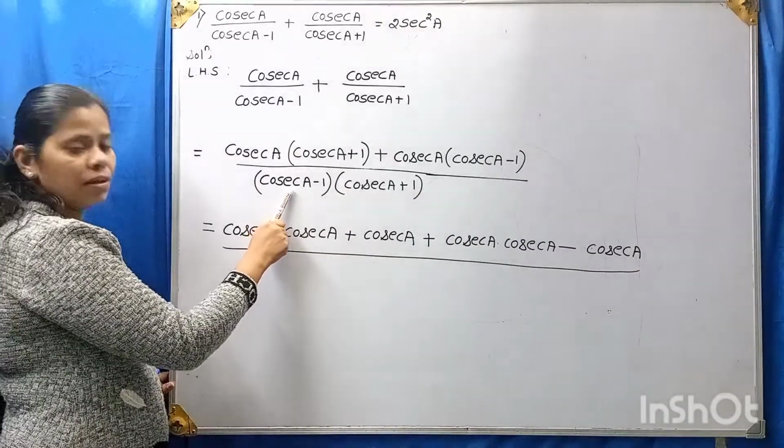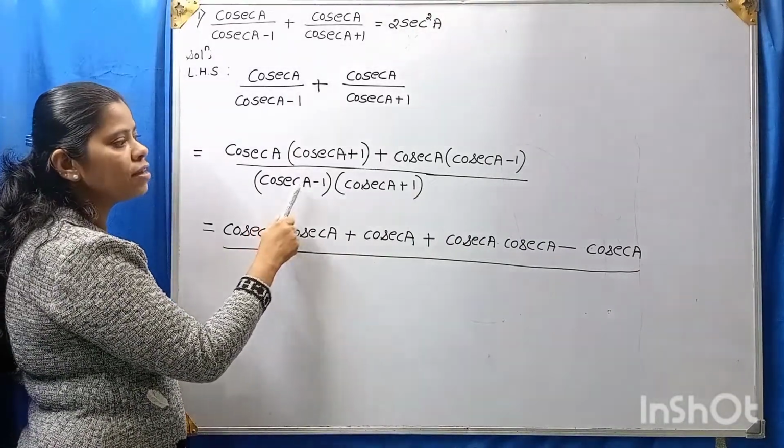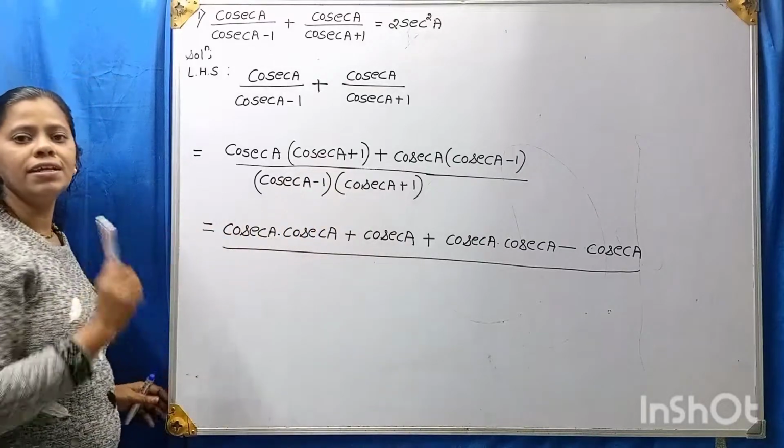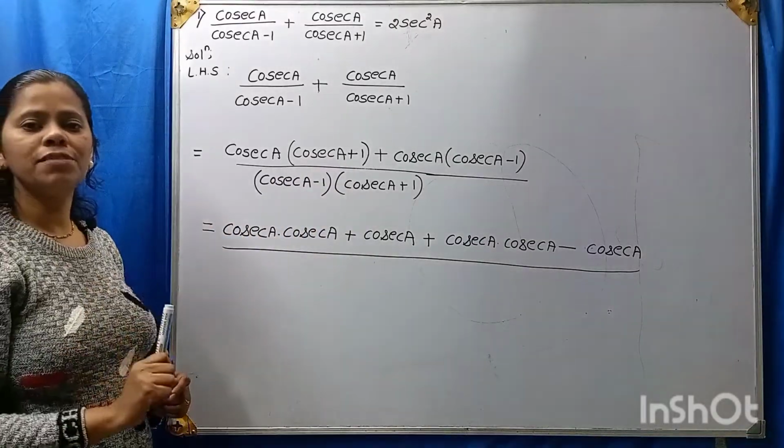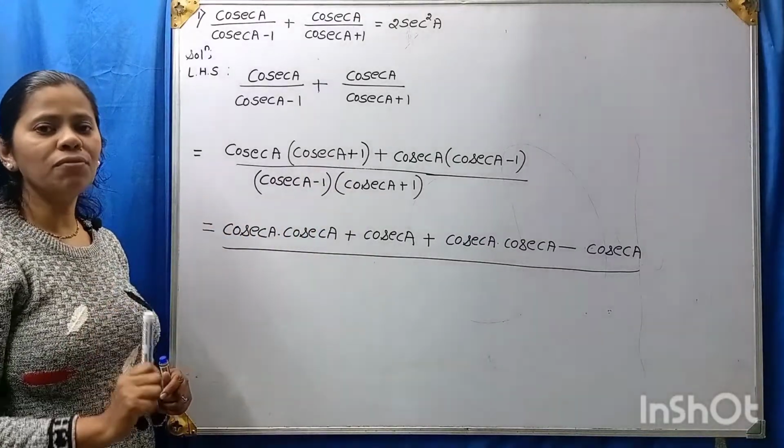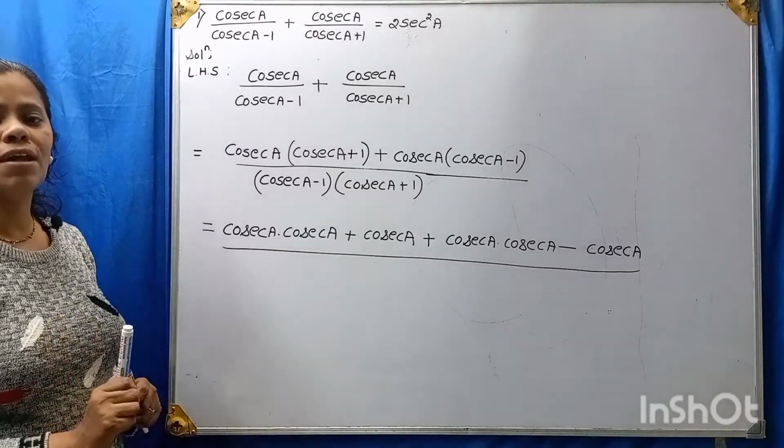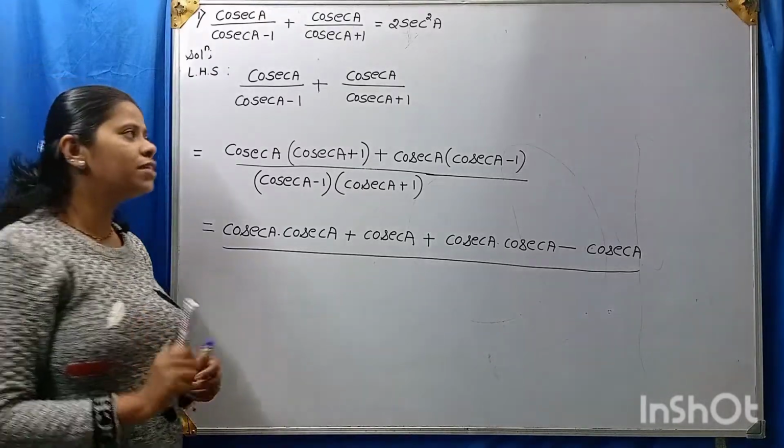observe this carefully, cosecant A minus 1, cosecant A plus 1. It is in the form of A plus B into A minus B. And we know the formula A plus B into A minus B is A square minus B square.